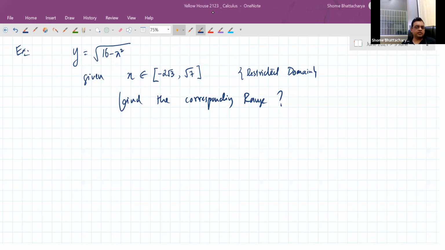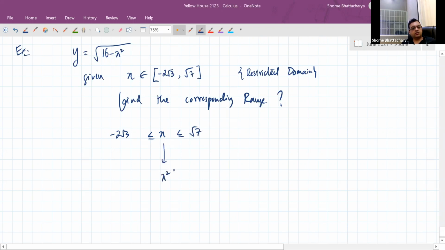No Akmal beta, you are telling the domain, right? Range is the corresponding values of y. Now you can see that x is taking the values greater than equal to minus 2 root 3 and less than equal to root 7. So now what about x square?